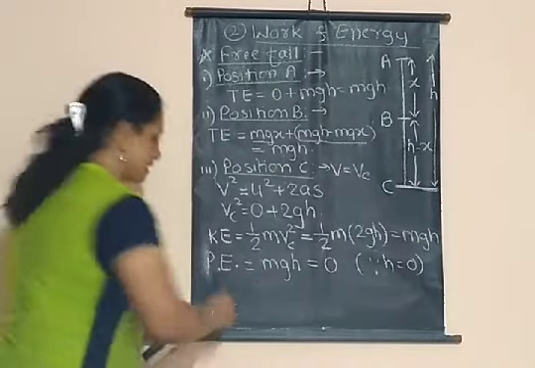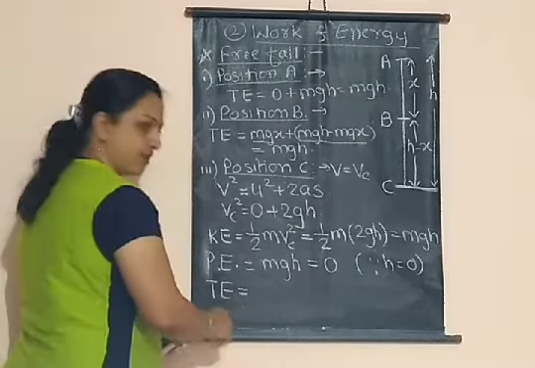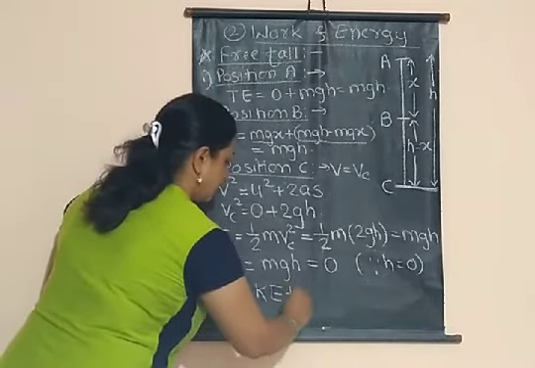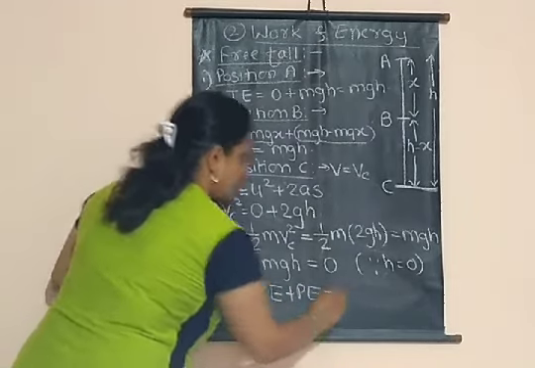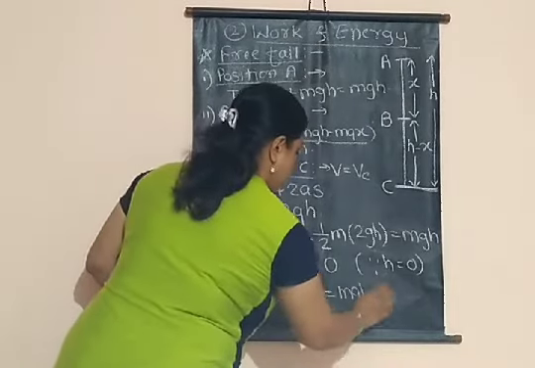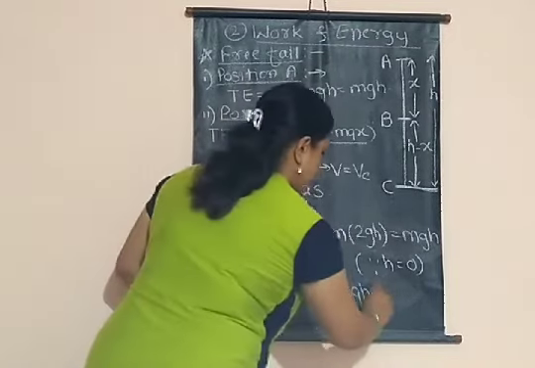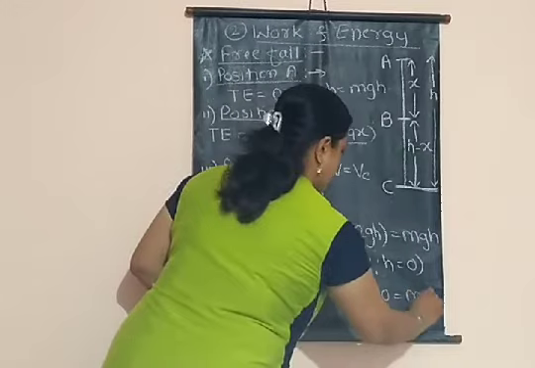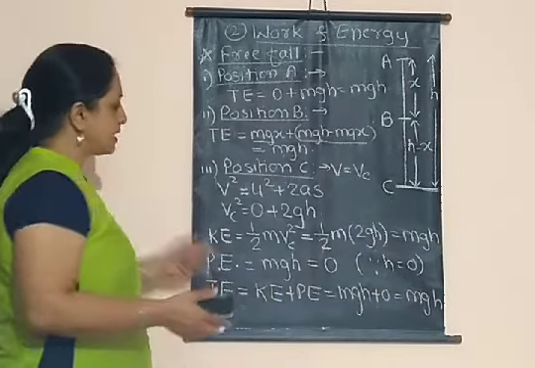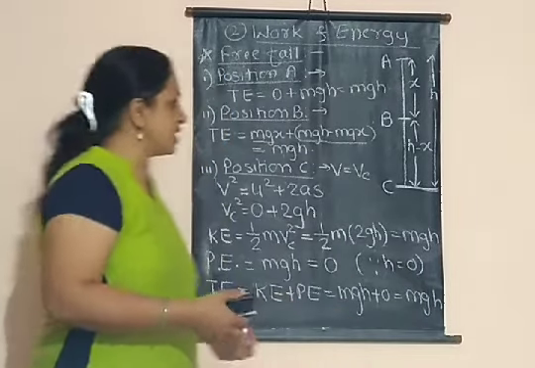Now let us add these two, so we will get the total energy. Total energy is equal to kinetic plus potential. So what is the kinetic? mgh, and the potential is 0. So mgh plus 0 is nothing but mgh. Now let us see what is the total energy at position C also?